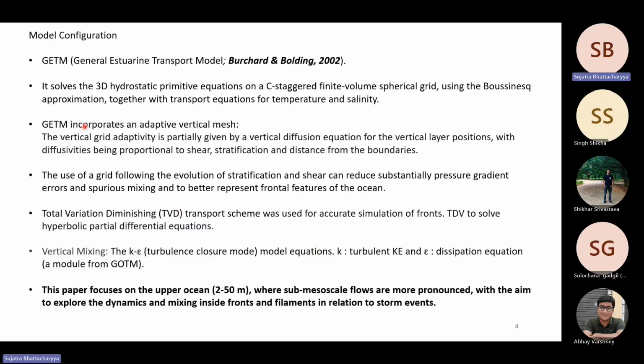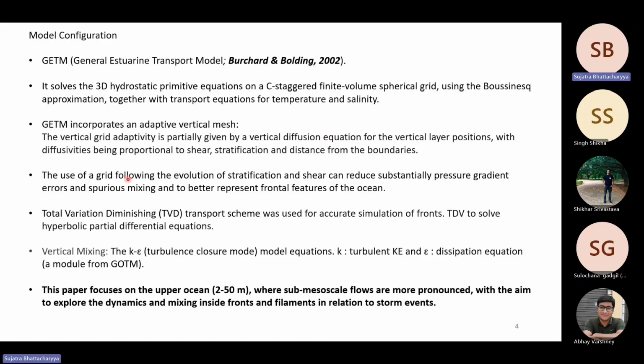Okay, so the model configuration. They have used GETM, the General Estuarine Transport Model. This is like ROMS, a 3D hydrostatic primitive equation solving model. The model is solved on an Arakawa C grid, with a finite volume spherical grid. They also use the Boussinesq approximation for nearly constant density inside the mixed layer depth.